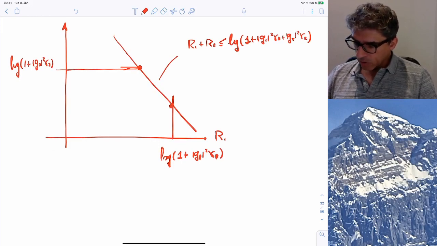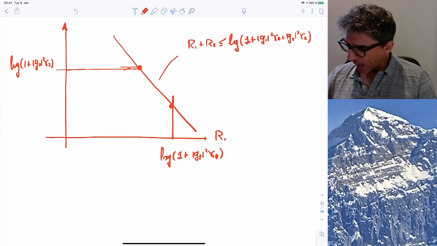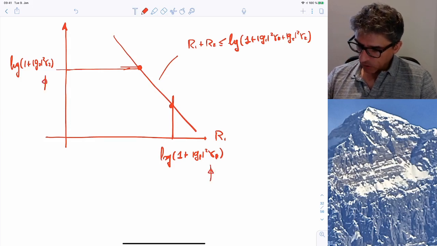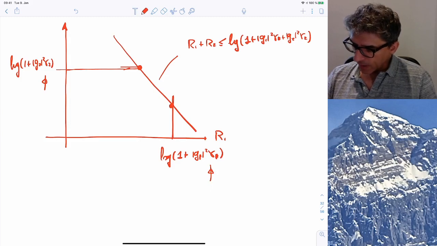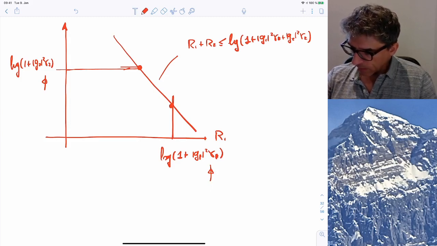So suppose that we can shape this region by allocating the gammas, right? So suppose that we want to operate at a certain point. For example, we want to operate, let's say, at a point here.